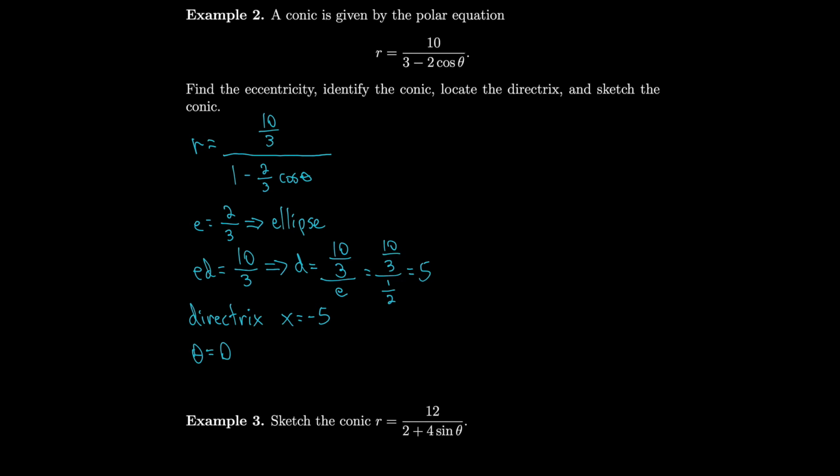So 10 over 3 minus 2 is just 10 over 1, so r is 10. And similarly, if we plug in theta equals pi, we get 10 over 3 minus minus 2, so that's 10 over 5, which is 2. So we can draw this now.